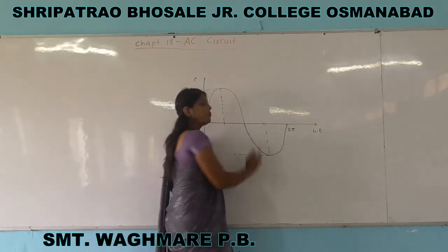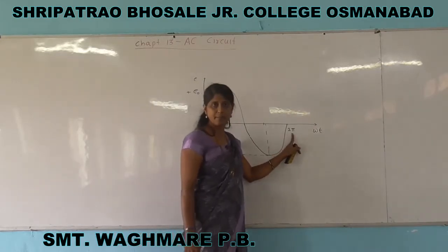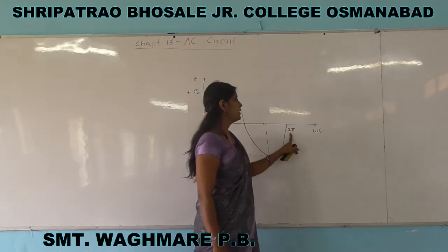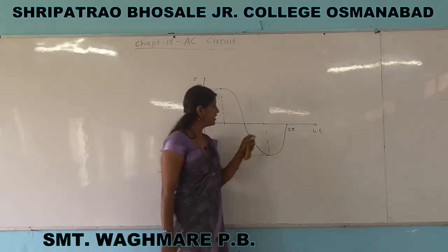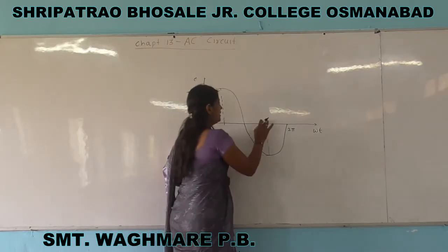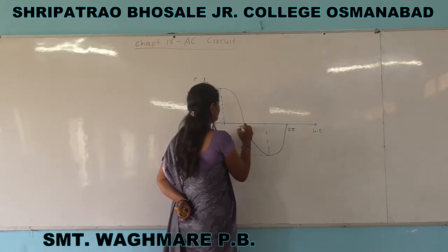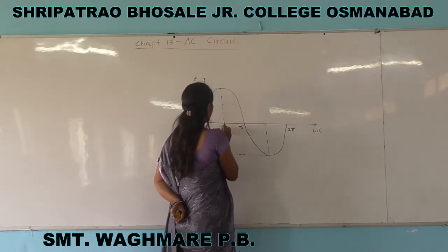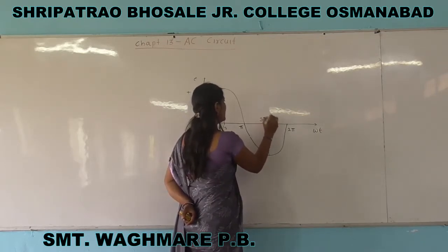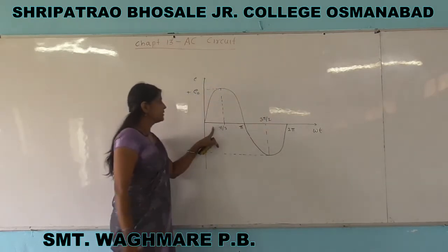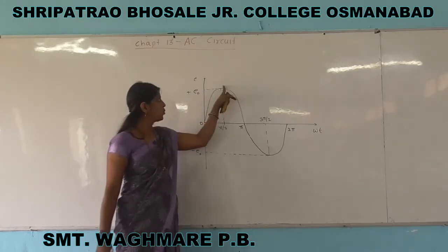Then to complete one cycle, in time period of T, the angle is 2 pi, that is 360 degree. Then we can take here this pi, here will be pi by 2, and this angle is 3 pi by 2.